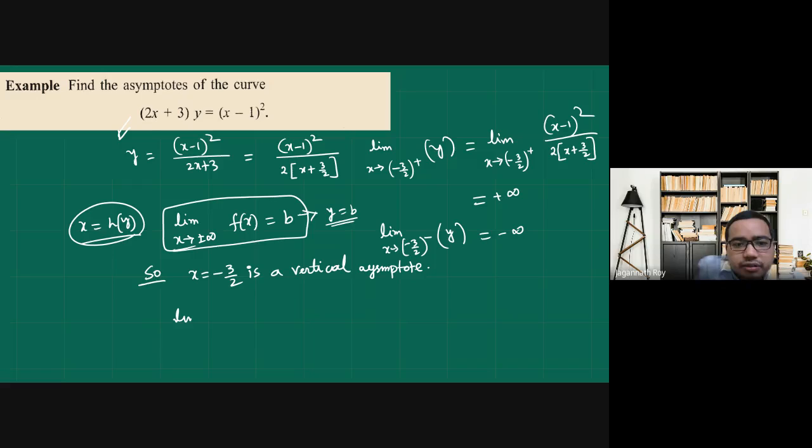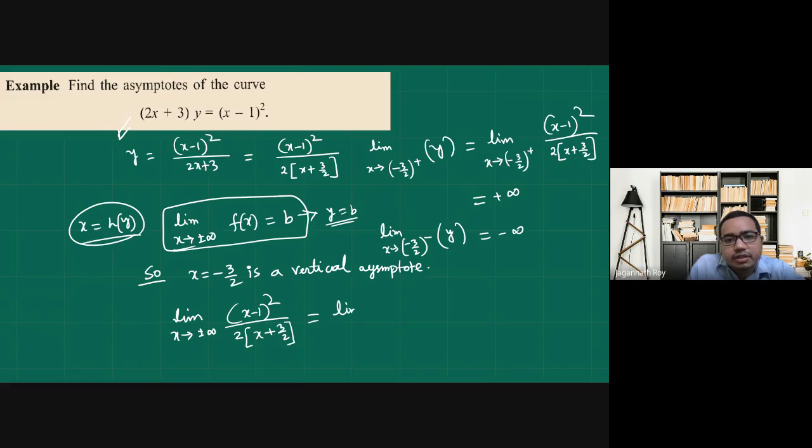So here, if we take the limit as x goes to plus minus infinity, the function is (x minus 1) square by (2x plus 3 by 2). Okay, so what do we get?